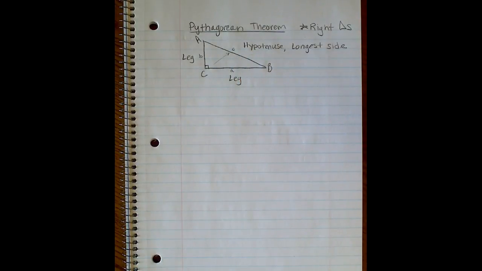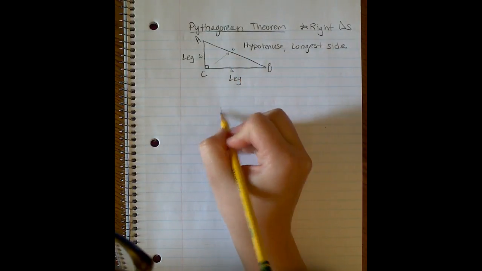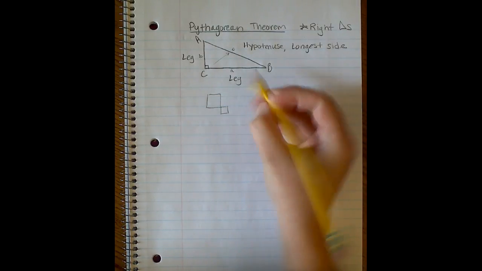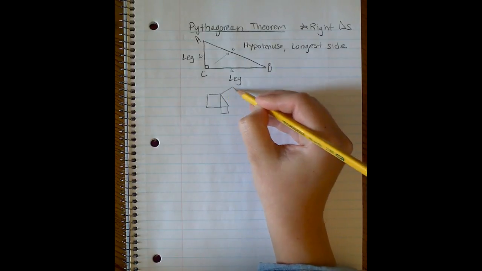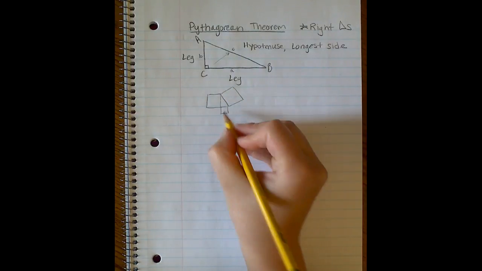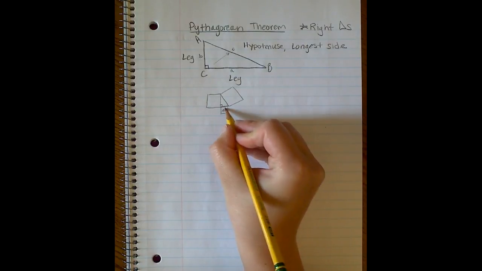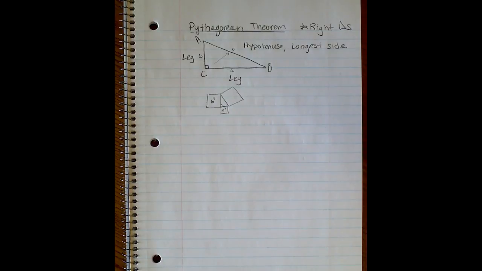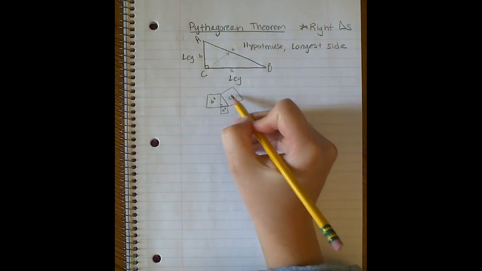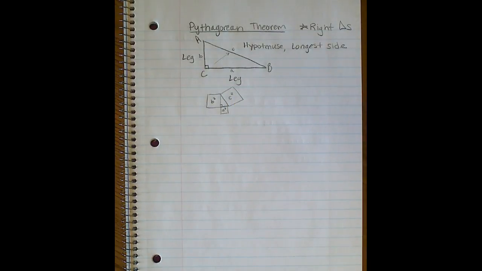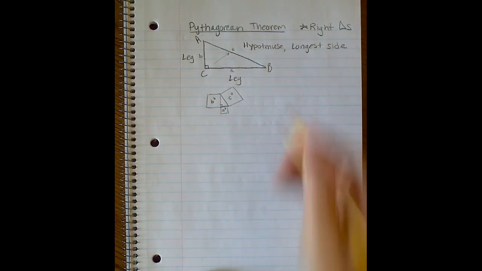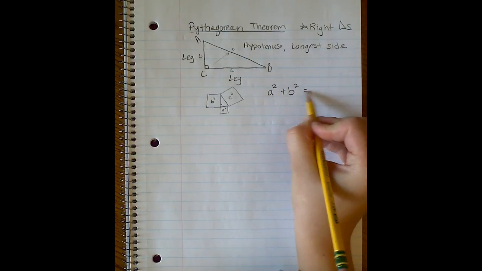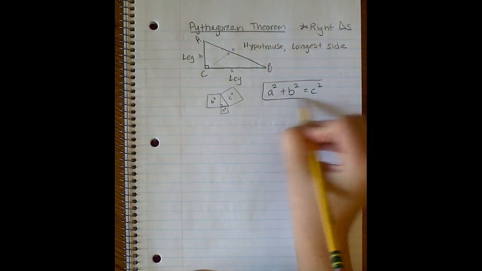Remember, it looked something like this, where you had your little squares, and the area inside of the squares, a squared and b squared, was equal to the area of the hypotenuse squared. So that little activity leads us to pretty much prove that the Pythagorean theorem is true for all right triangles.